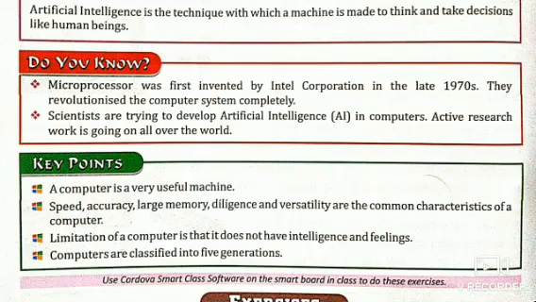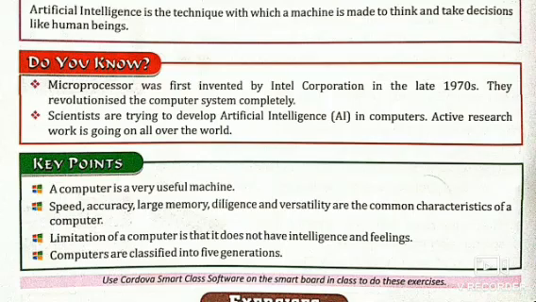Okay. And overall in this chapter, note the key points. First key point, a computer is a very useful machine. Second, speed, accuracy, large memory, diligence, and versatility are the common characteristics of a computer.